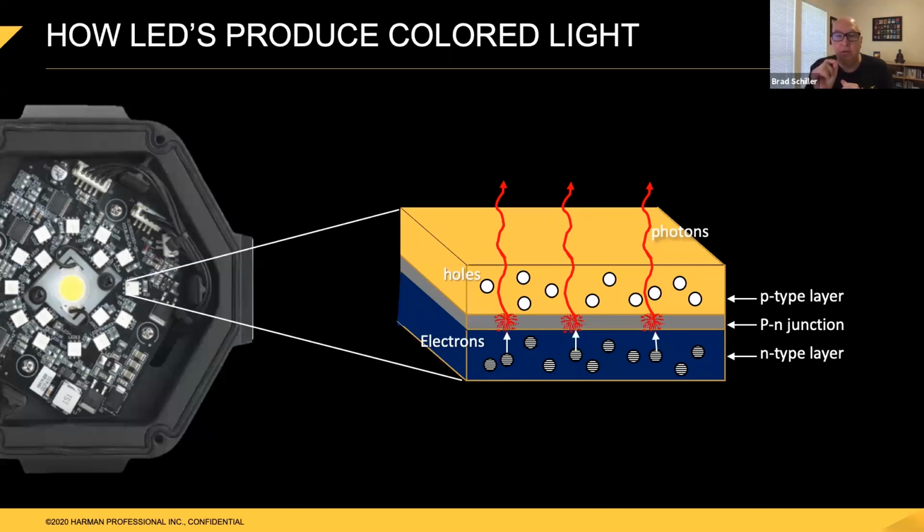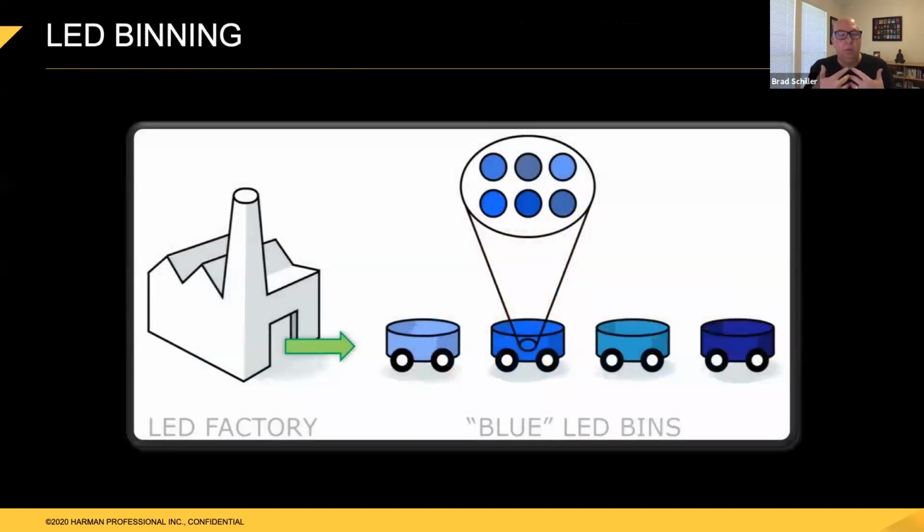But it's very hard for these LED manufacturers to be consistent. It's very tough to make 1,000 chips that all are producing 450 nanometers of blue. So what do they do? Well, when a company like Martin or other companies are purchasing LEDs from the LED factory, there's a process called binning. And binning is you order blue LEDs. So let's say we want to order 450 nanometers, which is in the blue wavelength.